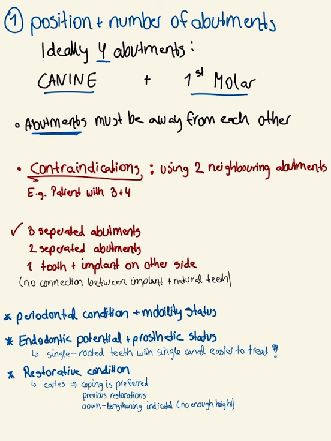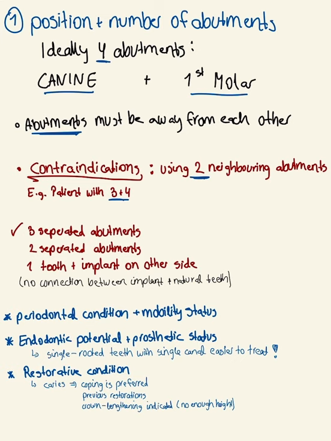What are the contraindications of using abutments? When we have 2 neighboring abutments, for example the canine and the premolar, avoid using the 2 neighboring abutments. Why? Because it leads to bulging of the gingiva.